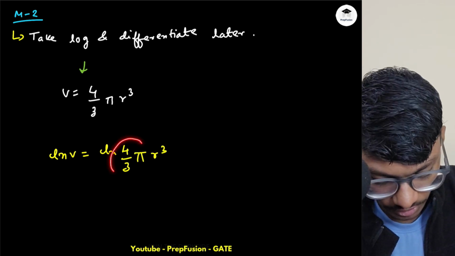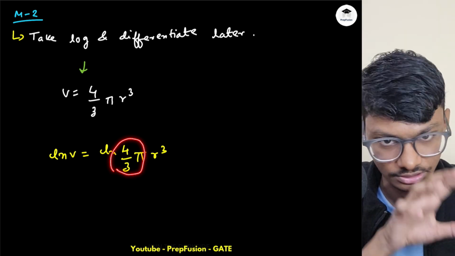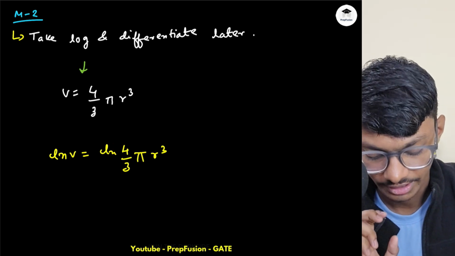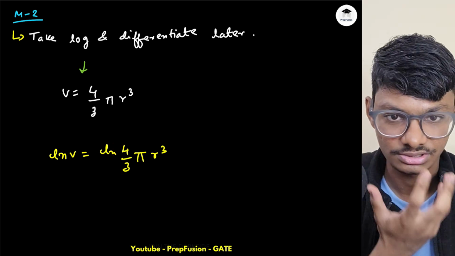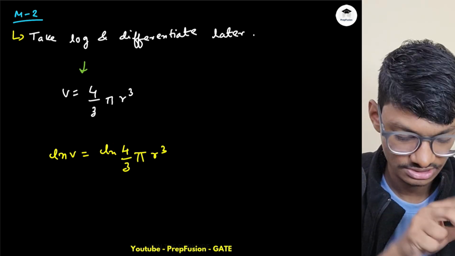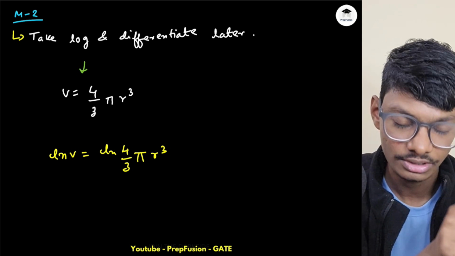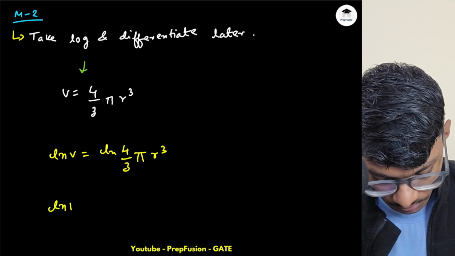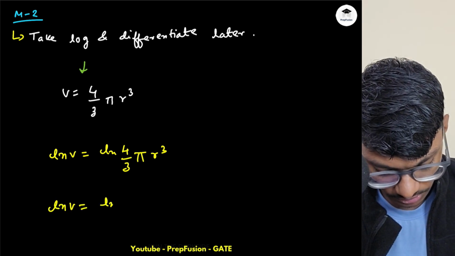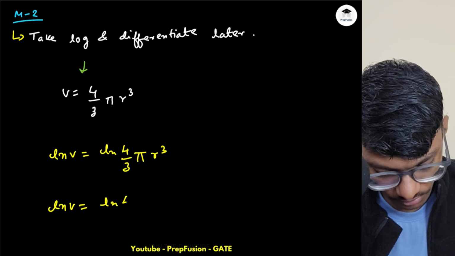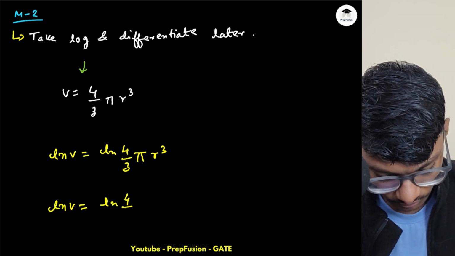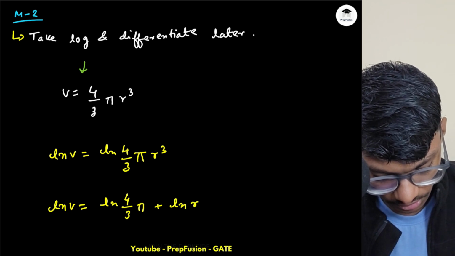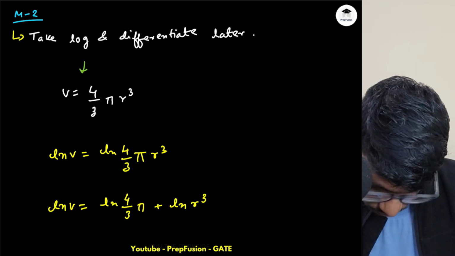Now I can put the constants on one side and the variable on the other, replacing this one log with two logs, since this is multiplication: log of a times b equals log a plus log b. So ln v equals ln of 4 by 3 pi plus ln r cube.